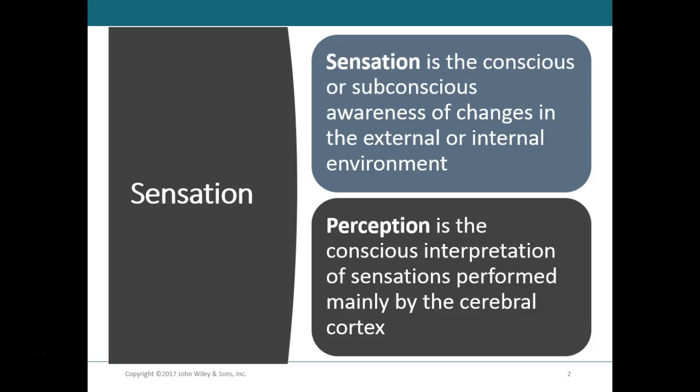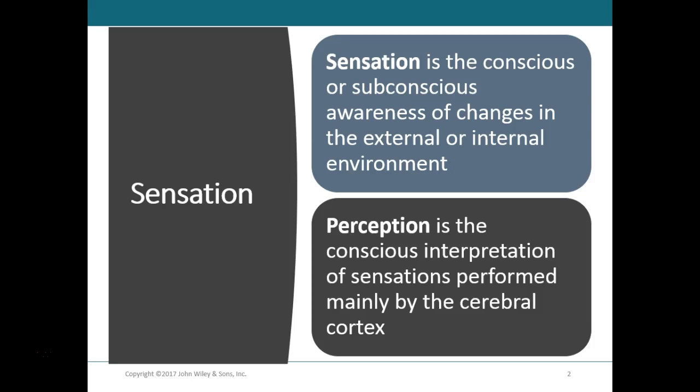So some sensory impulses arrive at the spinal cord and may be the input for a spinal reflex, such as the stretch reflex or the withdrawal reflex we saw when we looked at the spinal cord. Sensory impulses that reach the lower brain stem are going to cause a more complex reflex, such as changes in heart rate or breathing rate.